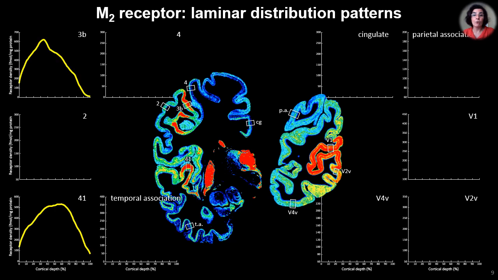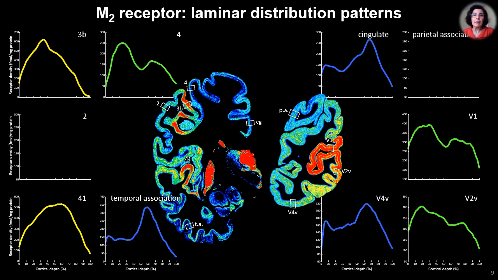Some areas of the cortex, for example, primary somatosensory cortex, area 3b, or primary auditory area 41, present a single peak with maximal densities located in layer 3. Other areas have two peaks with higher densities in superficial than in deeper layers. Examples of this are the primary motor cortex, area 4, or the primary visual cortex, V1.